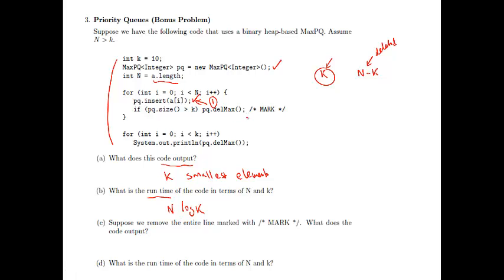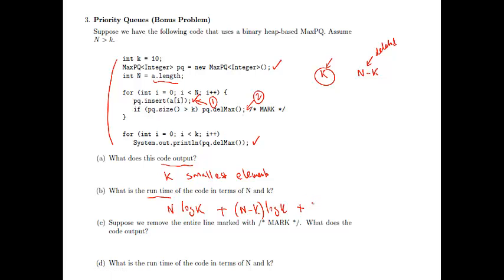And then you're deleting n minus k elements, let's call that step number 2, from a priority queue of size k. So this means that you have n minus k times log k, because each element will require log k operations. And then you're printing the k elements. Deleting the max is going to cost you log k time.